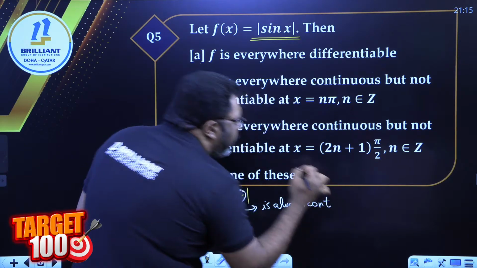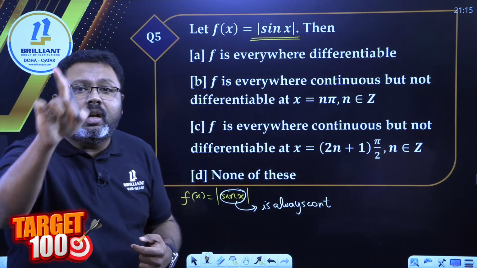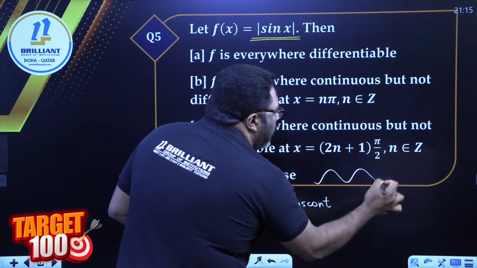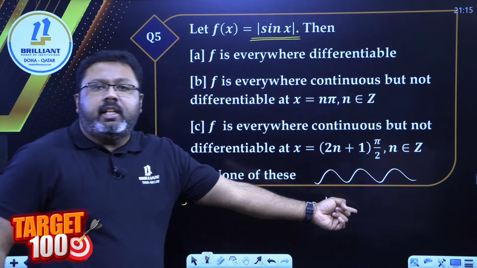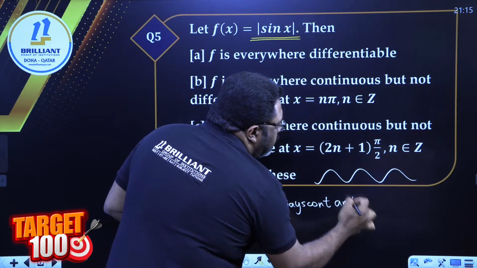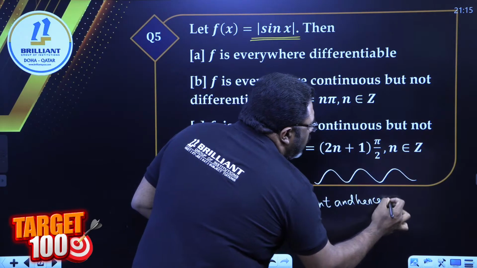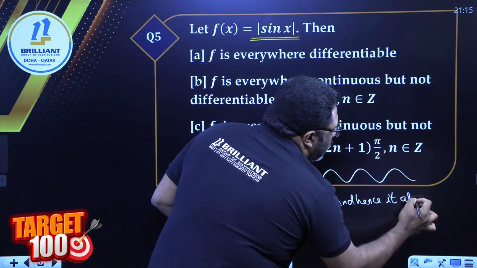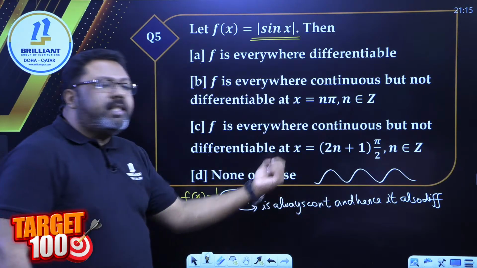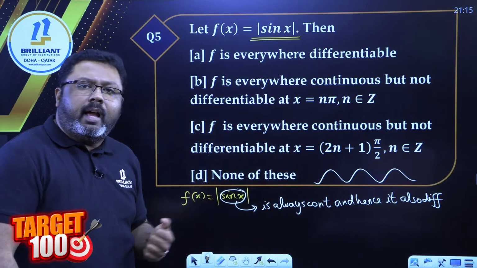We know the graph of sine, periodic graph of sine, the wave function which goes up, down like this. It is a continuous graph, so it is a continuous function. And hence, it's also differentiable. Sin x is continuous and differentiable for all values of x.